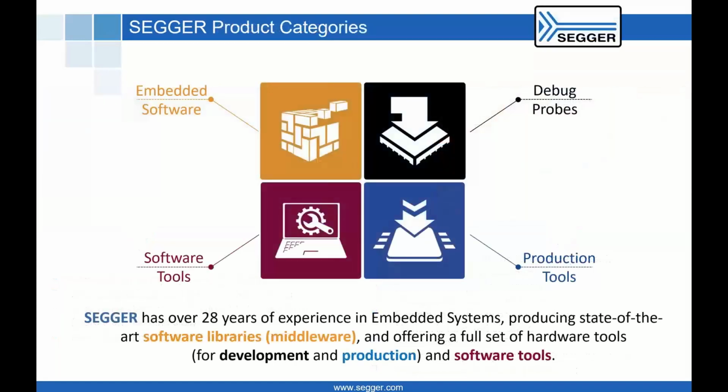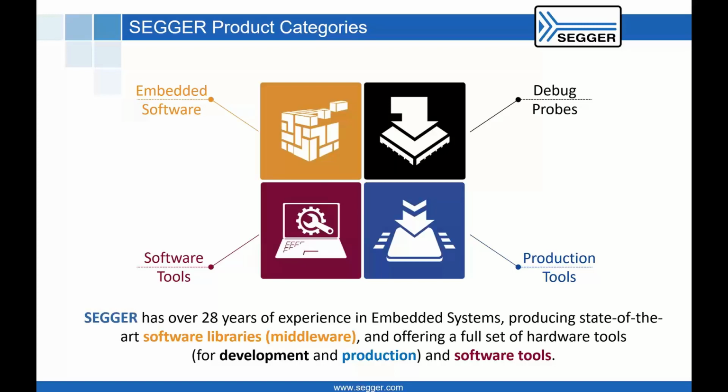There are 4 main product categories at SEGGER. One is the embedded software, so that's all the stacks and software that goes onto the embedded target itself. We have a line of debug probes, our J-Link and J-Trace probes. You've probably heard of them or used them before. We have software tools, which help to develop, analyze and debug the software.